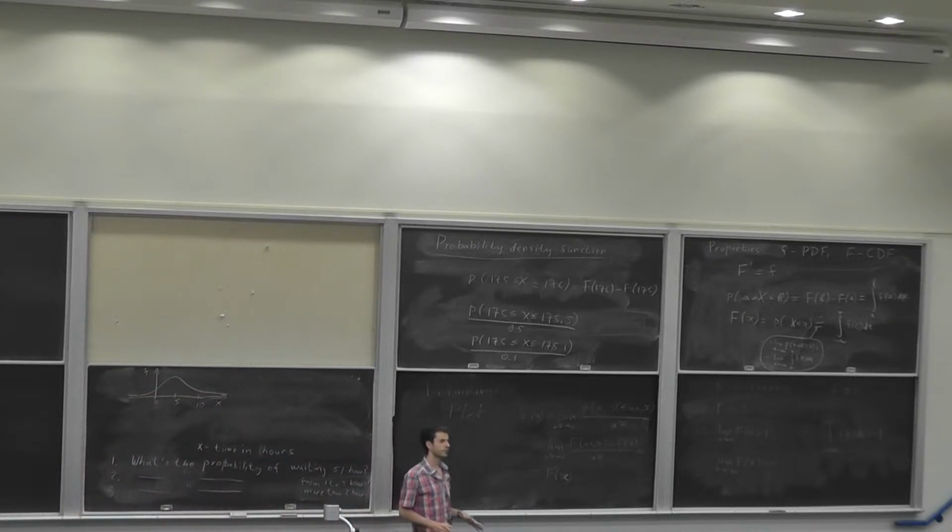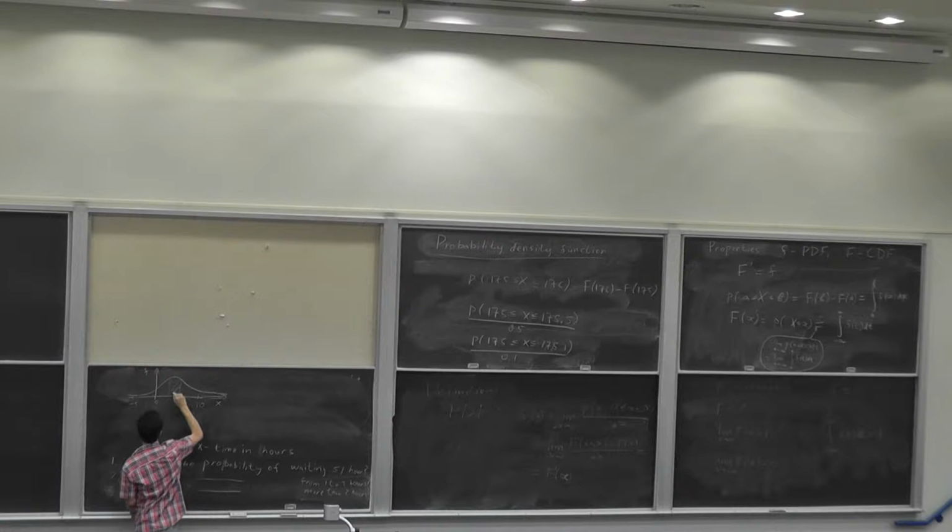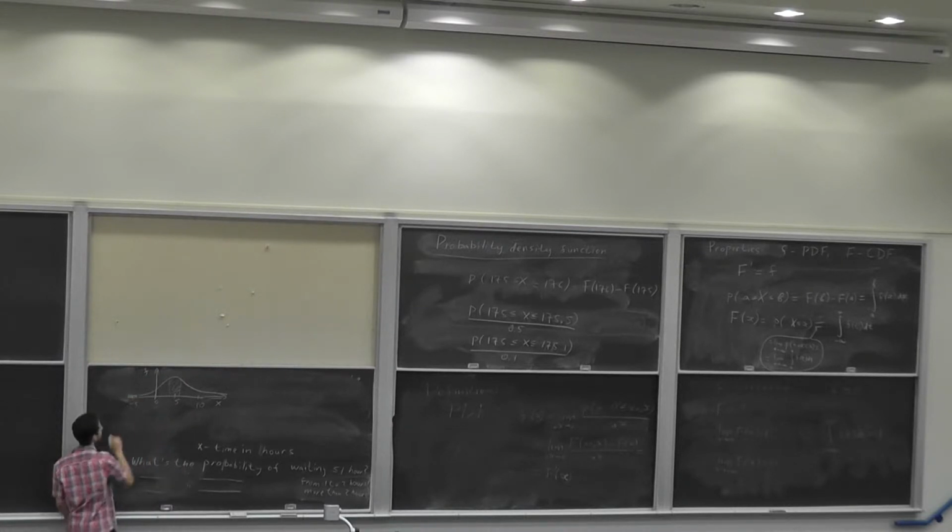Just by looking at the graph, I see what are the more likely outcomes, what are the less likely outcomes. I see that if I keep repeating my experiment, I will get a much larger cluster of outcomes near 5 than near -5, because this area is much larger than this area.